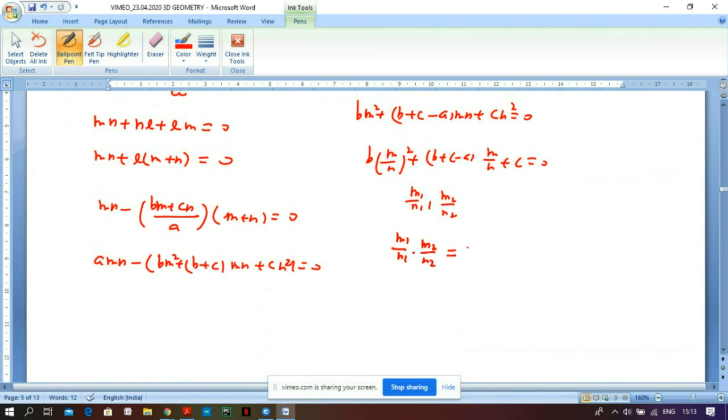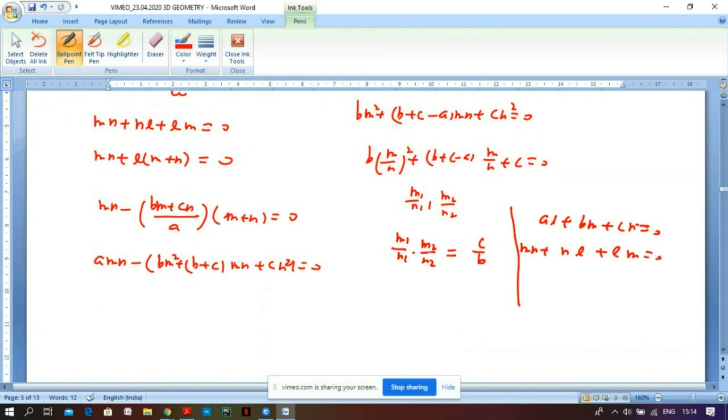This product becomes C over B, which I write. Just recall this one, the given condition, that was Al plus Bm plus Cn was 0, and it was Mn plus Nl plus Lm is 0.